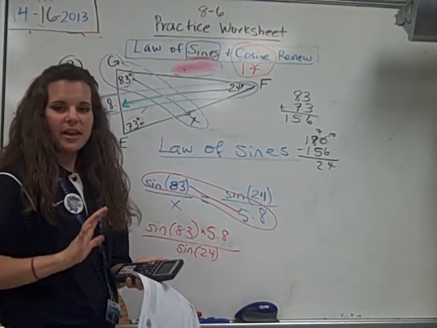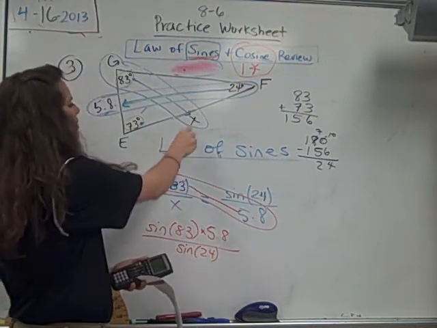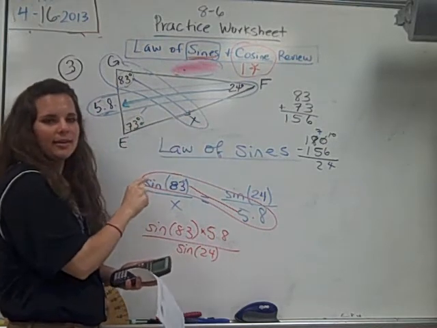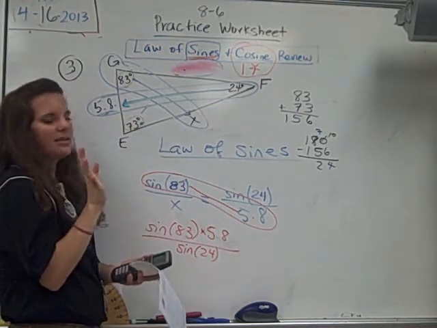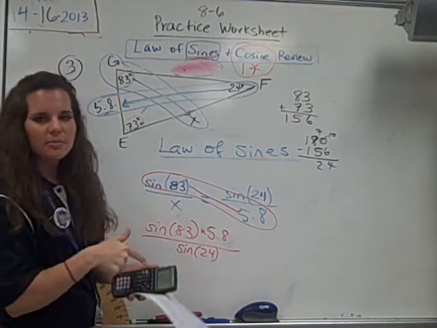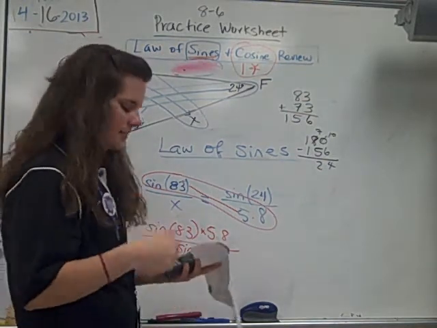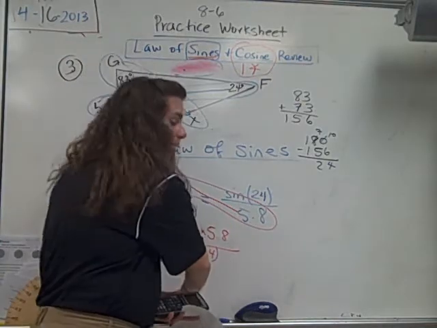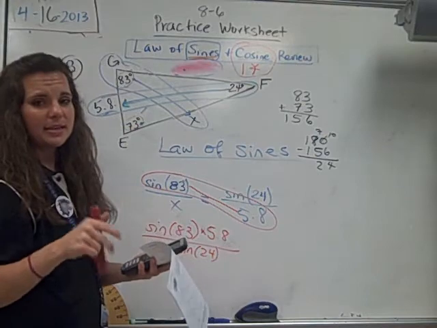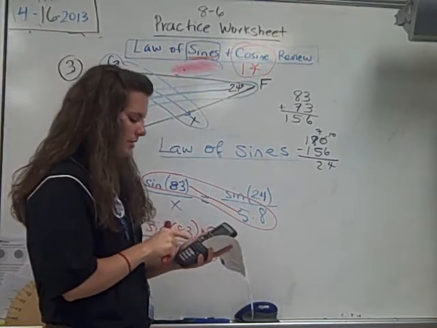I got a negative answer for mine, and I know that I should never get a negative for any kind of length. So that's what clued me to say, wait a minute, I can't have a negative number, so let's go check our mode. Is it in degree? Mine wasn't. So it's a good lesson learned. If you get an answer that doesn't make sense, you might be in the wrong mode.